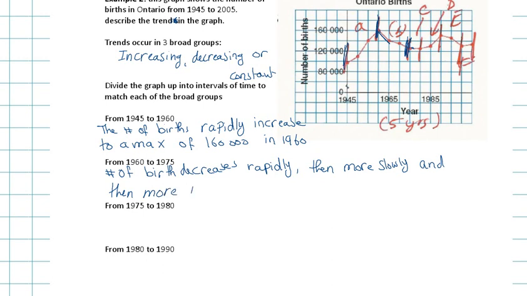So we see that in between, I want to say 1965 and 1970, that's a very slow decrease, like it's barely decreased, right? But it's still a little.